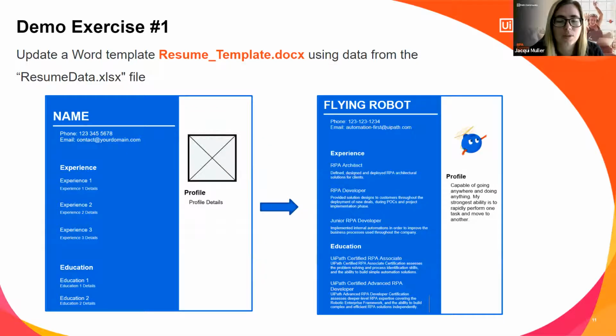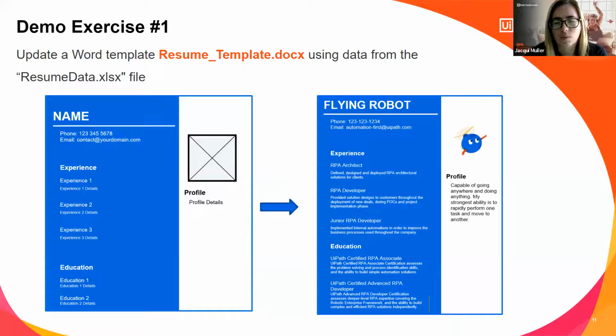Now, what we're going to be doing is using those files to populate a Word template, a resume or CV, from the Excel file that you have. So you'll see that I've removed some of the extra fields. We've removed experience 3 and education 2, but essentially the information in the Excel spreadsheet should then be used to populate these.